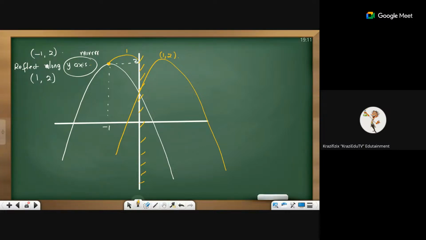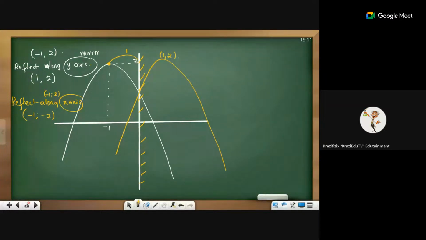Let's reflect about the x. What are we going to have? So what are we saying? Keep the x, change the y. All right, we are reflecting -1 and 2, right? What will it be? Our x remains as -1. What will our y be?